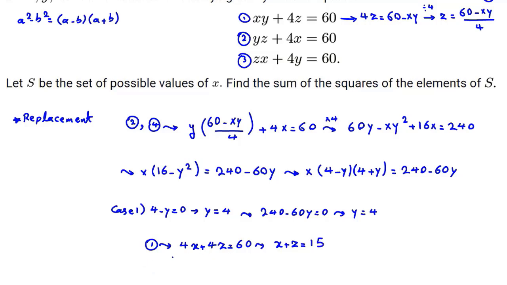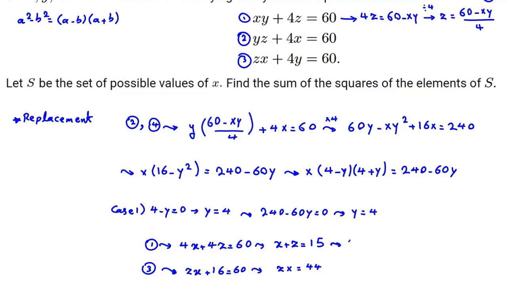Let's consider the third equation, and replace y with 4. So it will be what? It will be zx plus 16 equal to 60. So zx equal to 44. You can see that 11, 4 works.